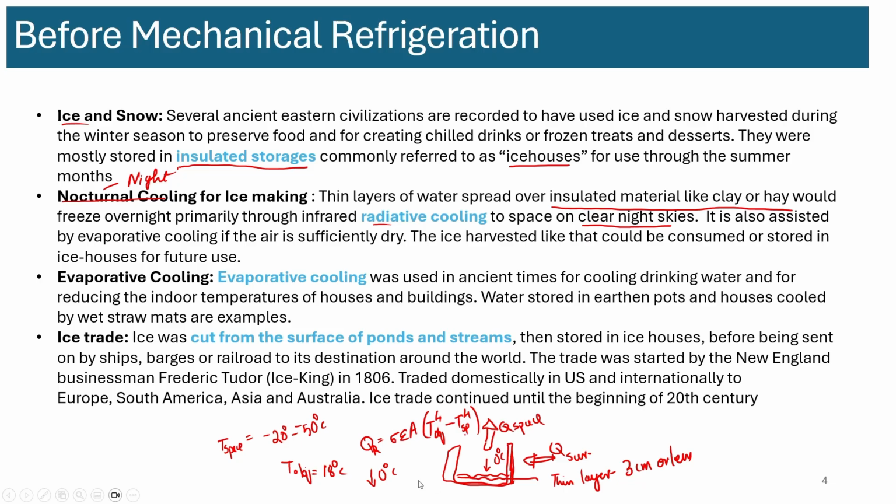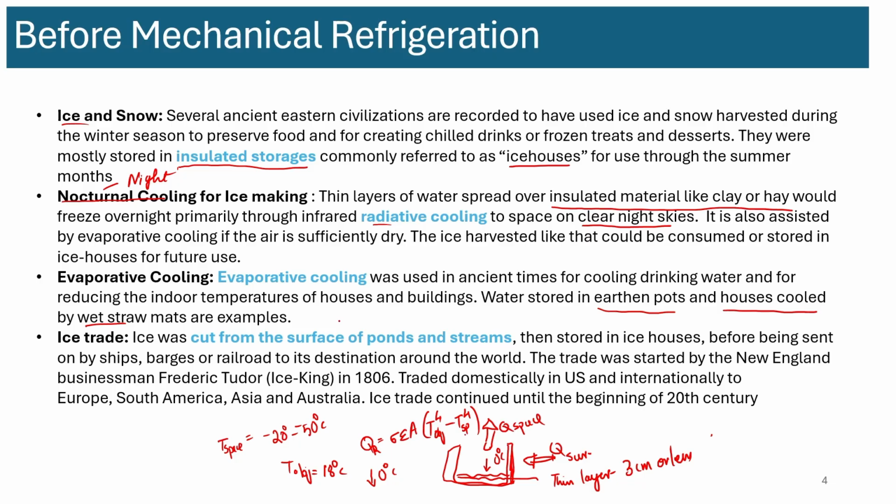Now, the other method, which we have discussed already, is the evaporative cooling of a volatile liquid. The volatile liquid in the olden times was primarily water. So people used to store water, just like the ice making method, in earthen pots or houses. The roofs of the houses can be cooled using wet straws.